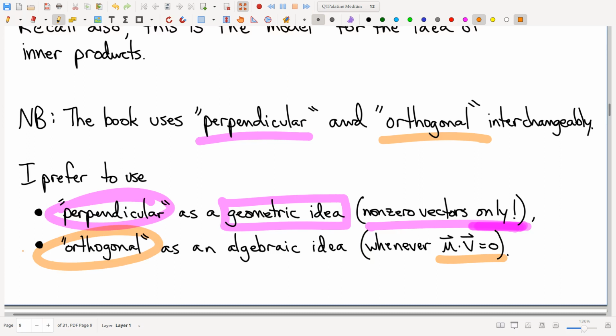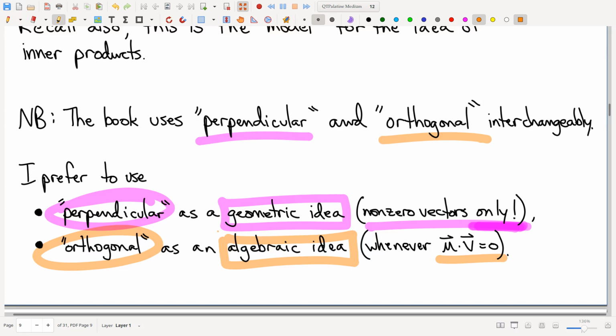Conveniently, we have a different word, and the word is orthogonal. So notice, again, also convenient, this is, I would say, fundamentally not a geometric idea. This is a fundamentally algebraic idea. Check it out. Dot product is defined with algebra. This is an equation. It's an object of algebra.